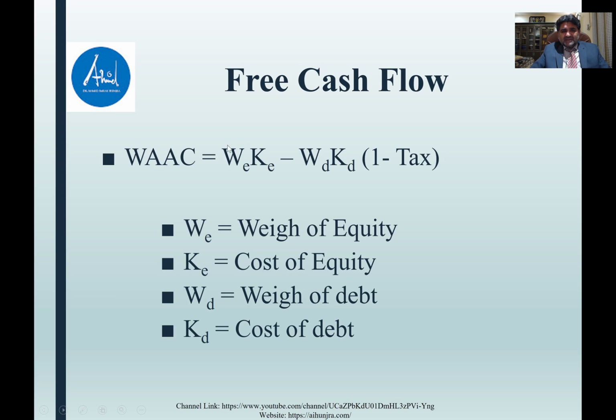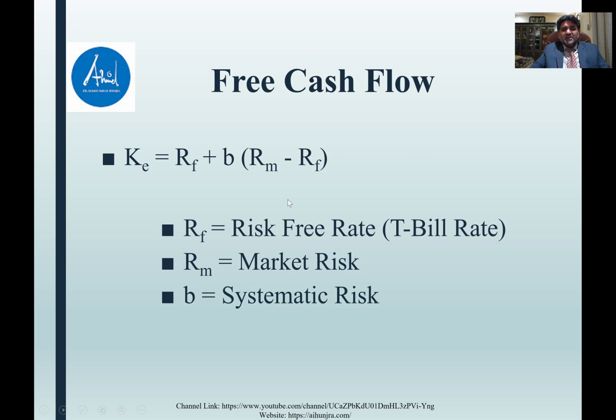So we can have the data of weight of equity, weight of debt, cost of debt, tax rate, and cost of equity. How can we calculate the cost of equity? Here we can calculate it from the CAPM formula: risk-free rate plus market systematic risk, that is beta, multiplied by market return minus risk-free rate.